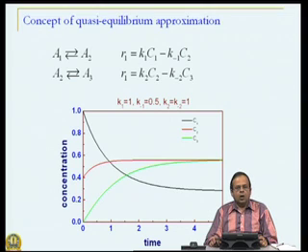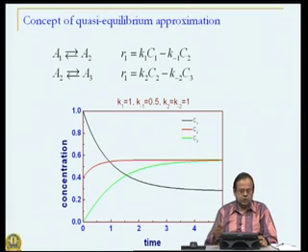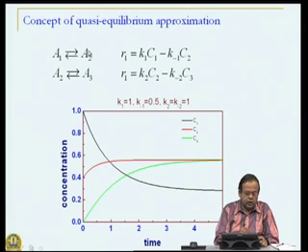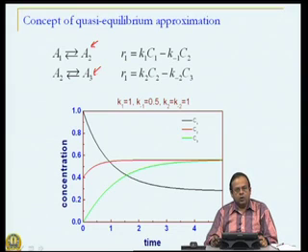So, now we can start looking at the reaction A1 going to A2. It is a reversible reaction, this one first reaction over here, and then the A2 also goes to A3. That is a second reaction that we have written.